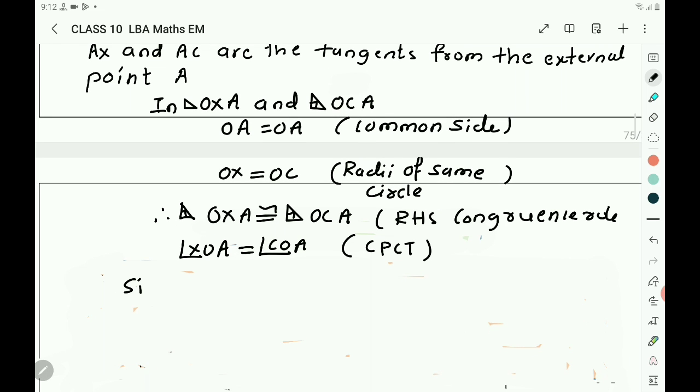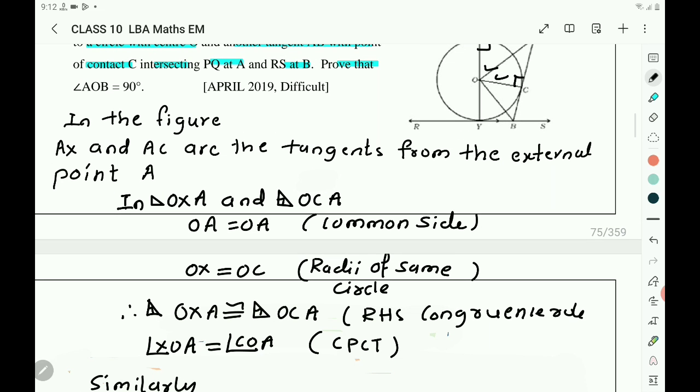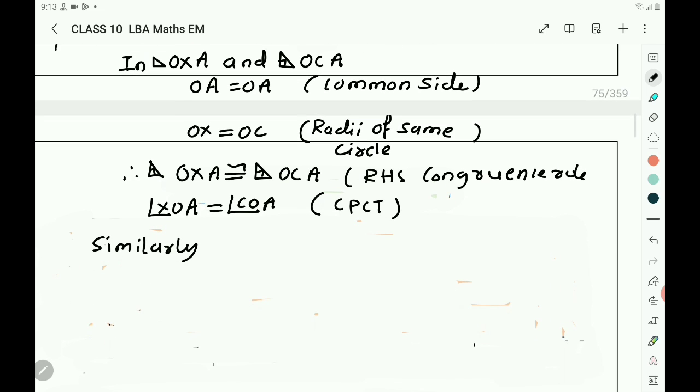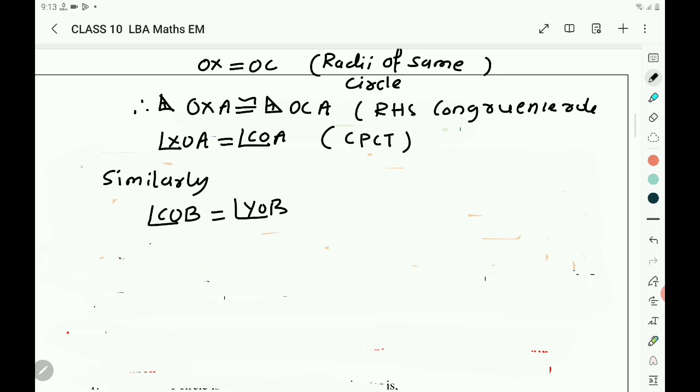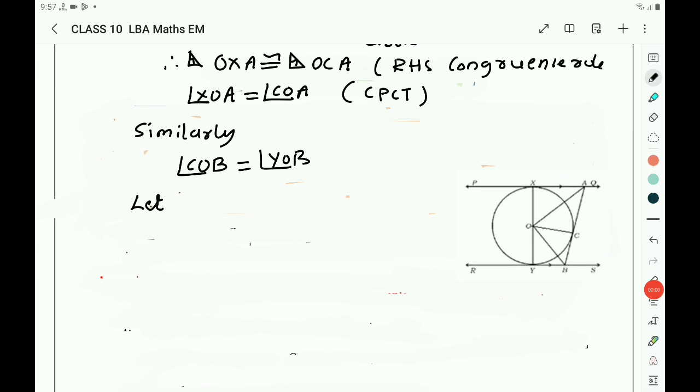Similarly, these two angles, angle COB is equals to angle YOB. Then here you got angle XOA is equals to angle COA, and here angle COB is equals to angle YOB.